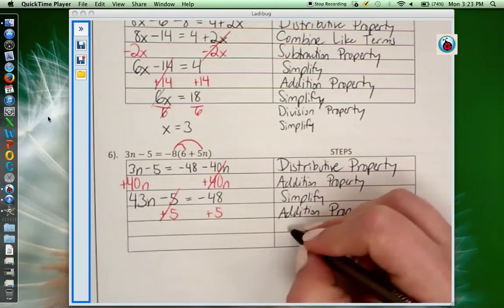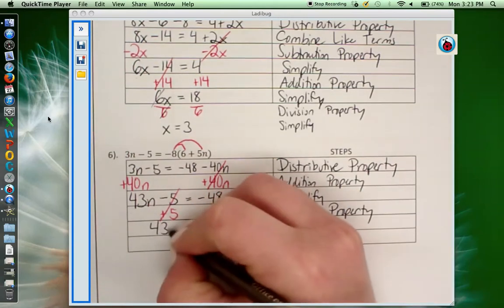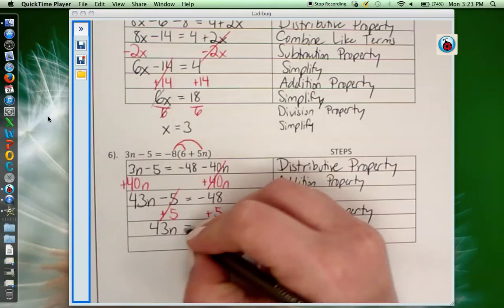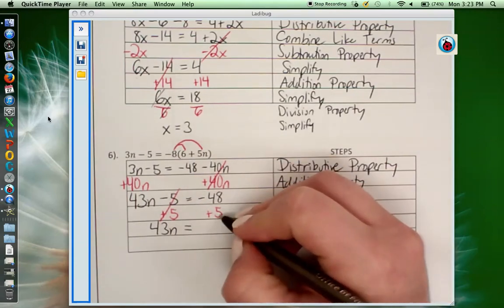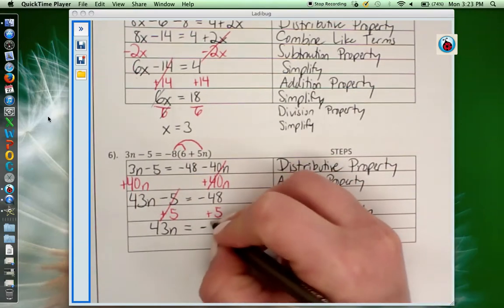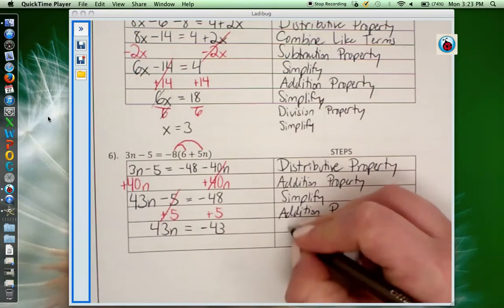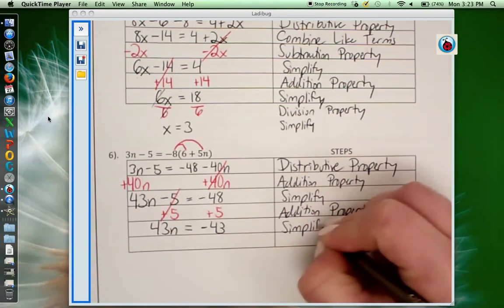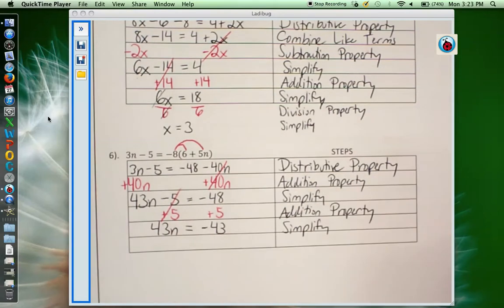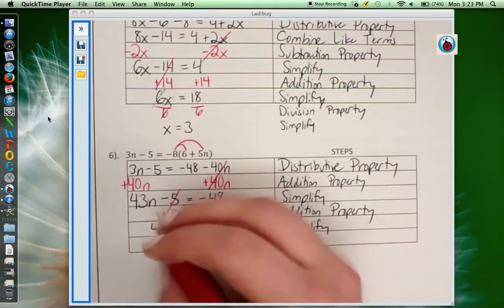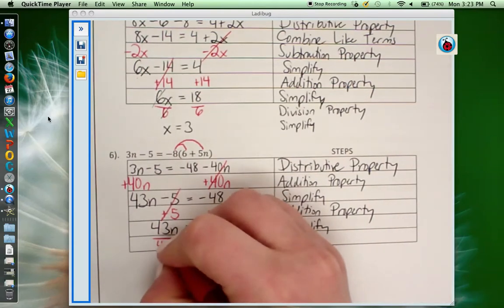So then I have 43n equals negative 48 plus 5. That comes out to negative 43. That's simplifying the negative 48 plus 5. And then my very last step to get n by itself is to divide both sides by 43.